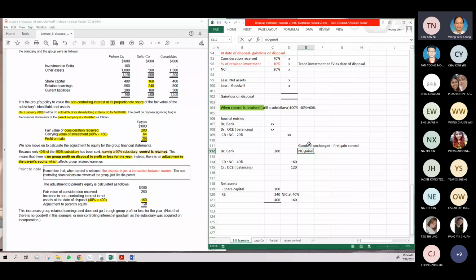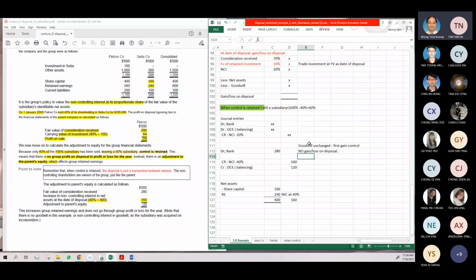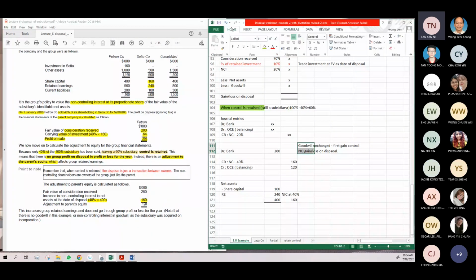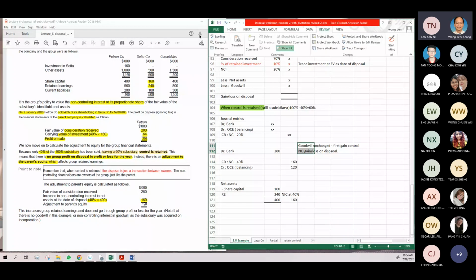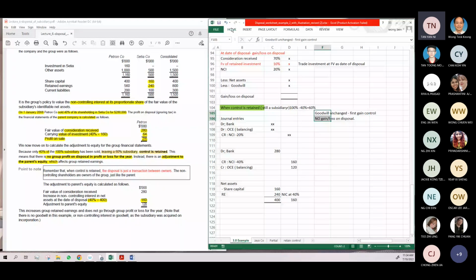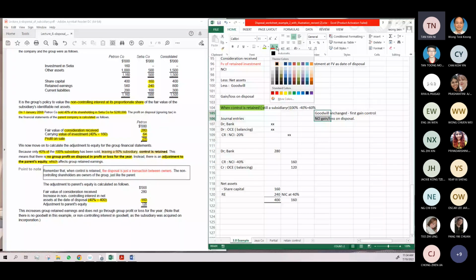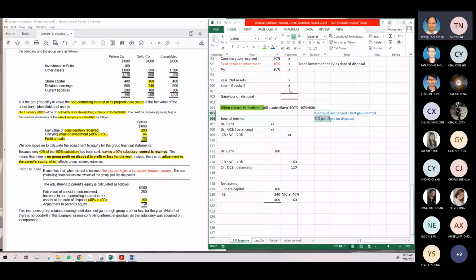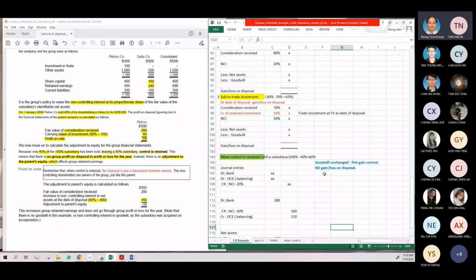This will test you, pretty easy, I think in your final. Okay, remember these two things when control is retained. So unlike when control is lost, where you have gain or loss on disposal, goodwill will be written off.